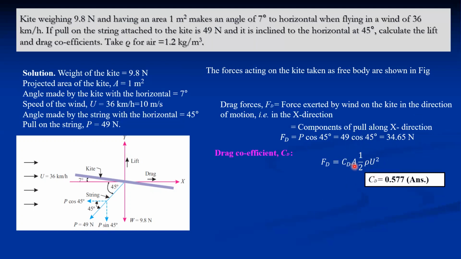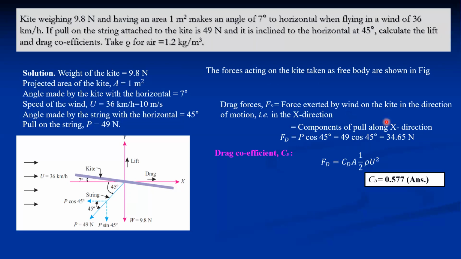The projected area is given, that is 1 meter square. Density is given, 1.2 kg per meter cube. And velocity is also given, which is 10 meter per second. So the coefficient of drag is calculated, which is asked.